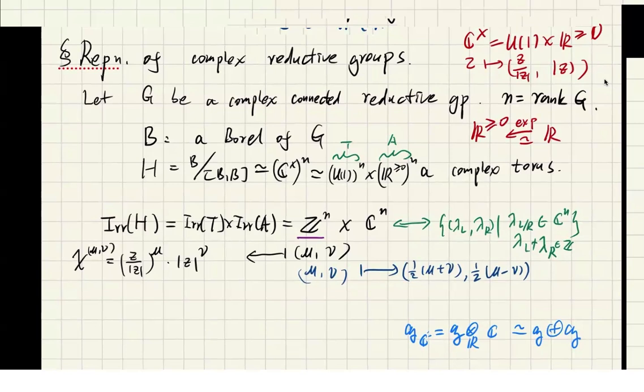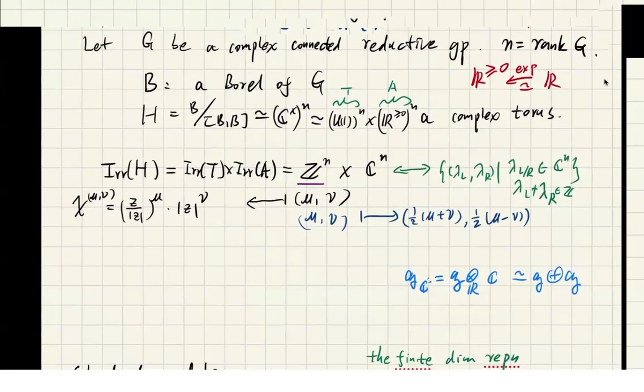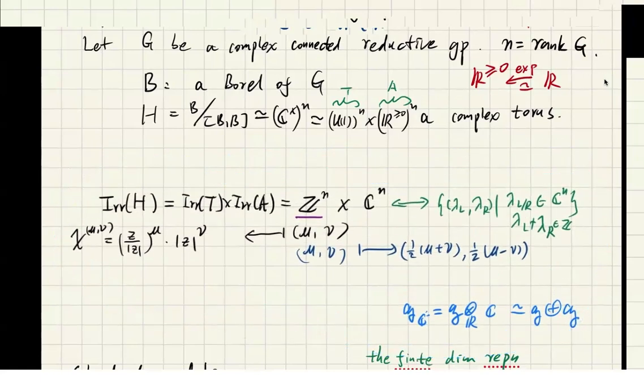So basically the classification is that the irreducible representation of C cross is given by the pair of an integer and an exponent nu.